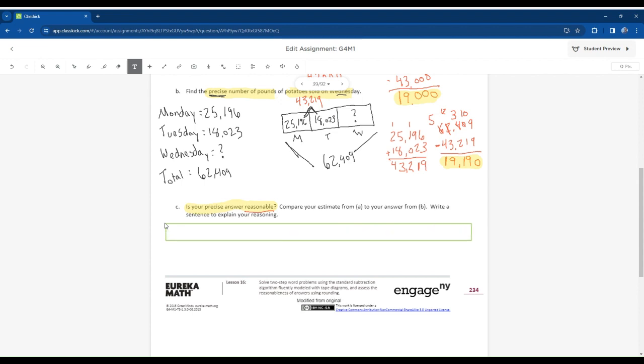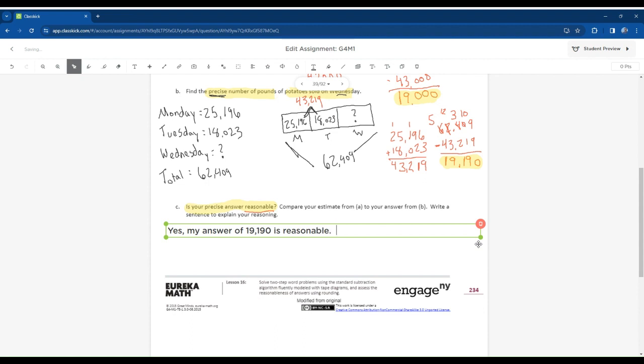So in letter C, no actual arithmetic. Here's where we need to explain our work. And we can say, yes, my answer of 19,190 is reasonable. 19,190 rounded to the nearest thousand is 19,000, which was the estimated amount.